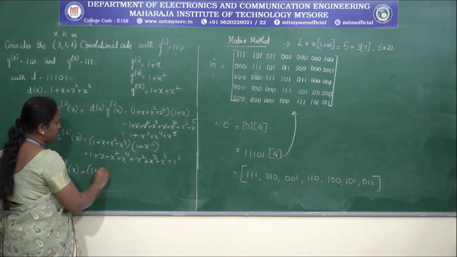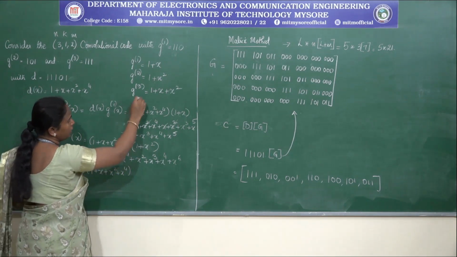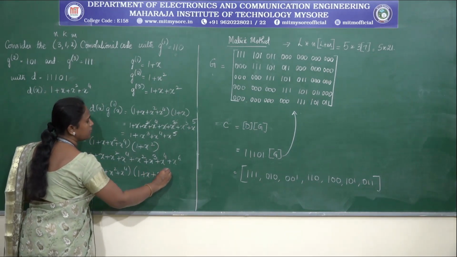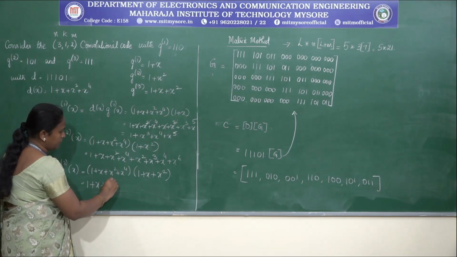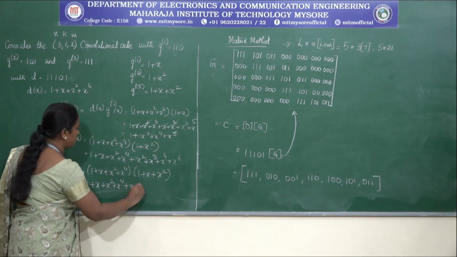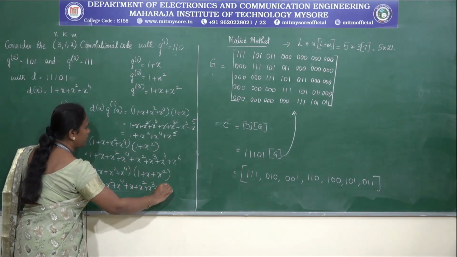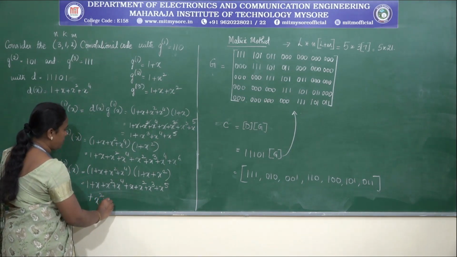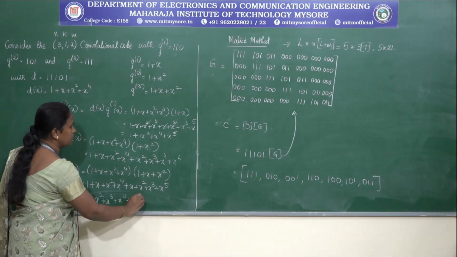Okay. So next similarly we need to find what is your C3 of x. So it is 1 plus x square, that is nothing but your D of x into G3 of x. So it is 1 plus x square. So you are going to get 1 plus x square plus x to the power of 4 plus x square, x to the power of 3, x to the power of 5 plus x square plus x3, x4 plus x6.